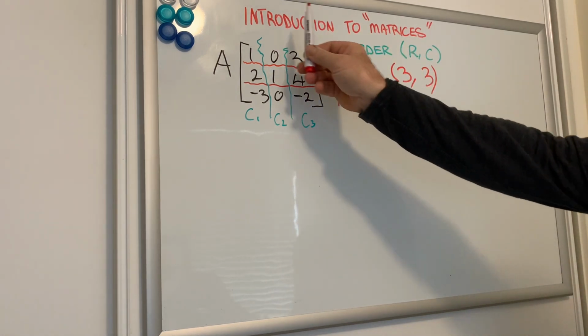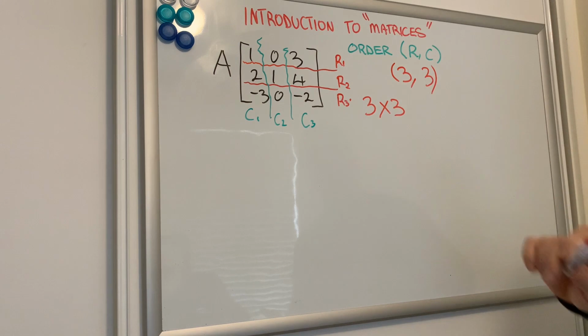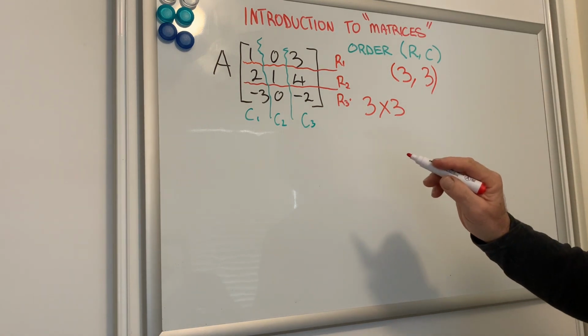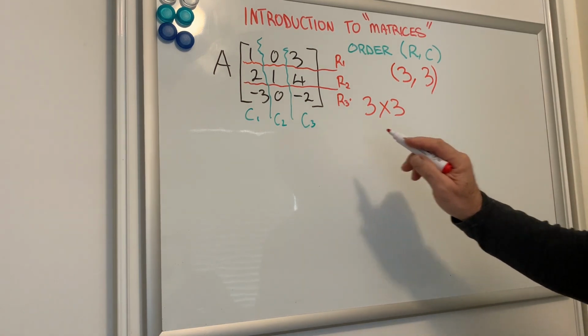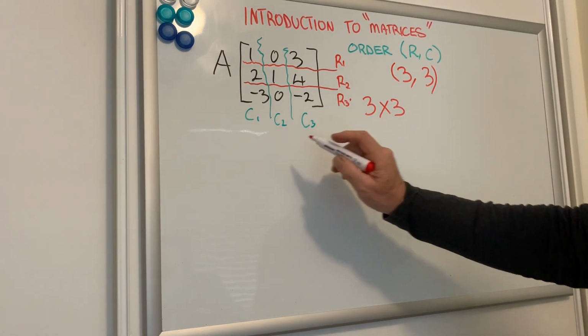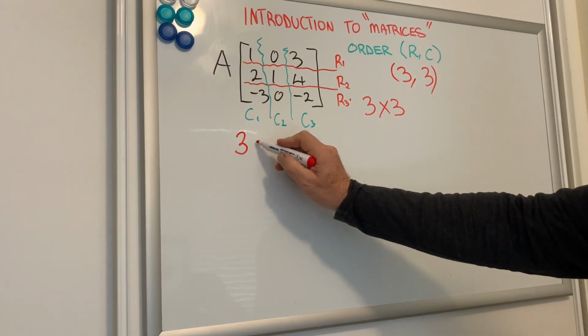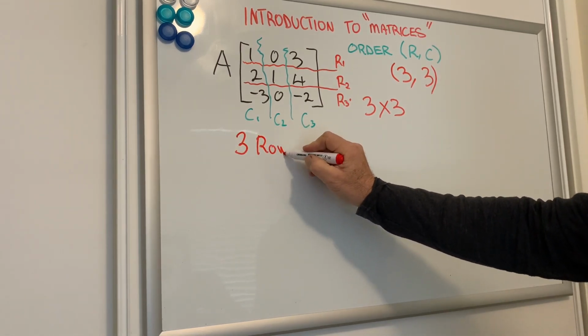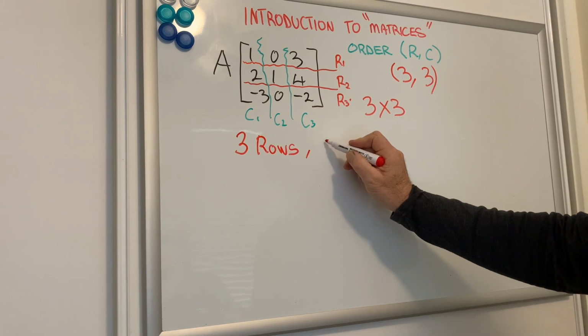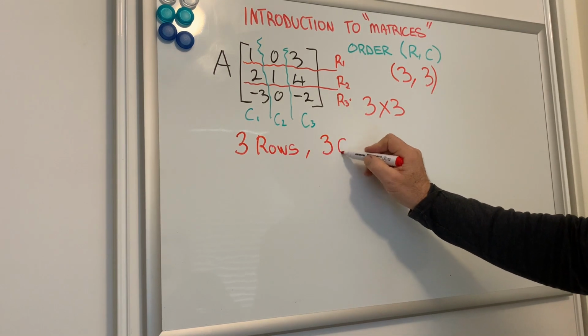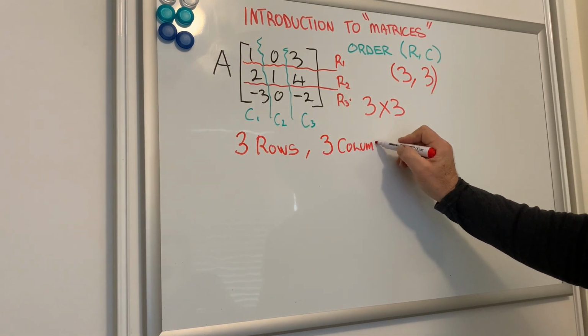Let's go further into this. We can now say it has 3 rows and 3 columns.